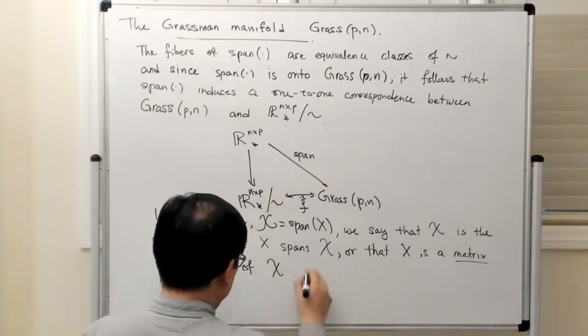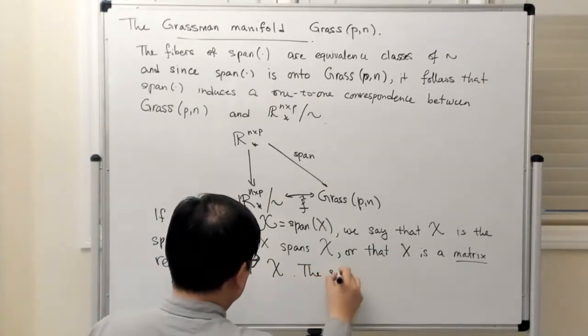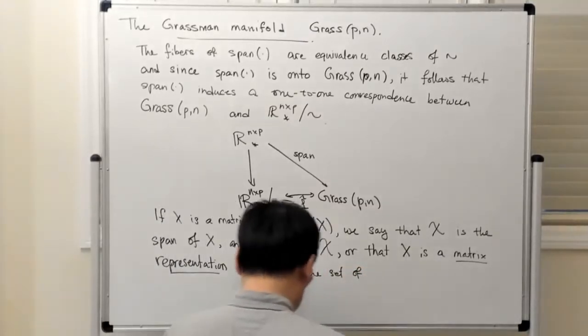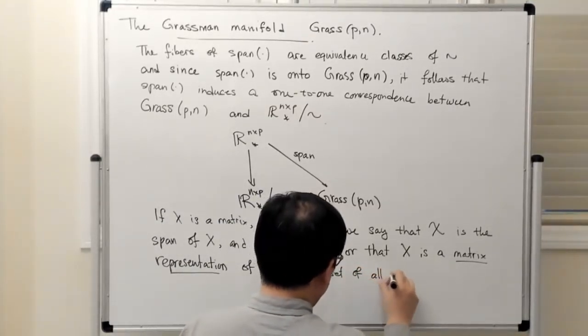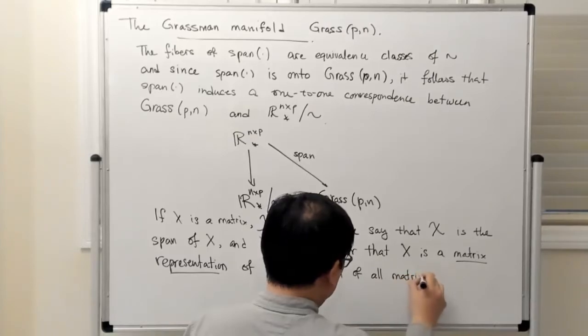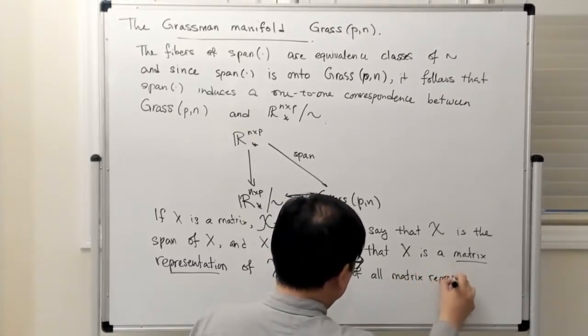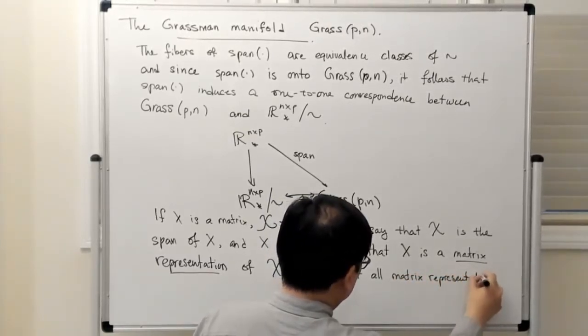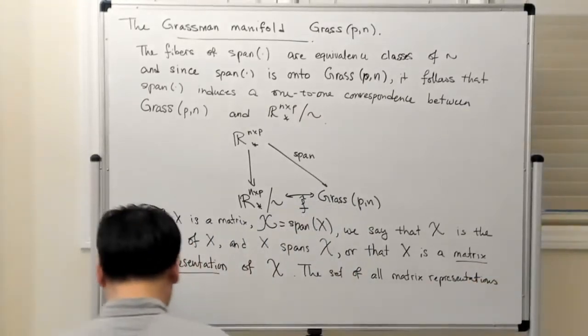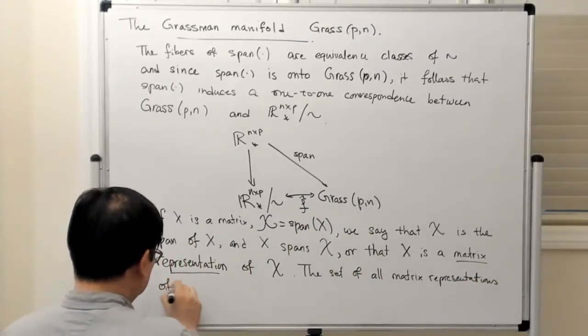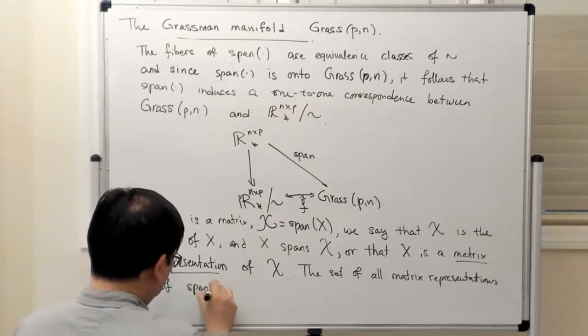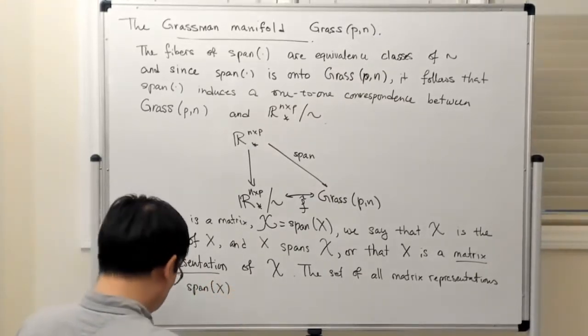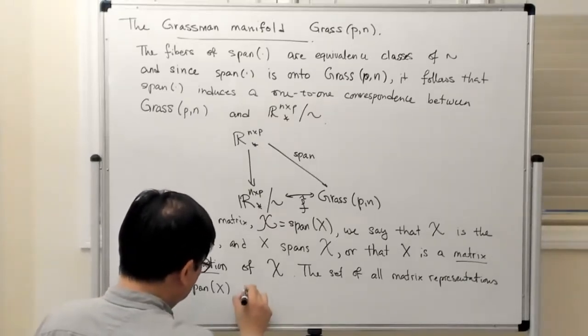And then the set of all matrix representations of the span of X is the equivalence class.